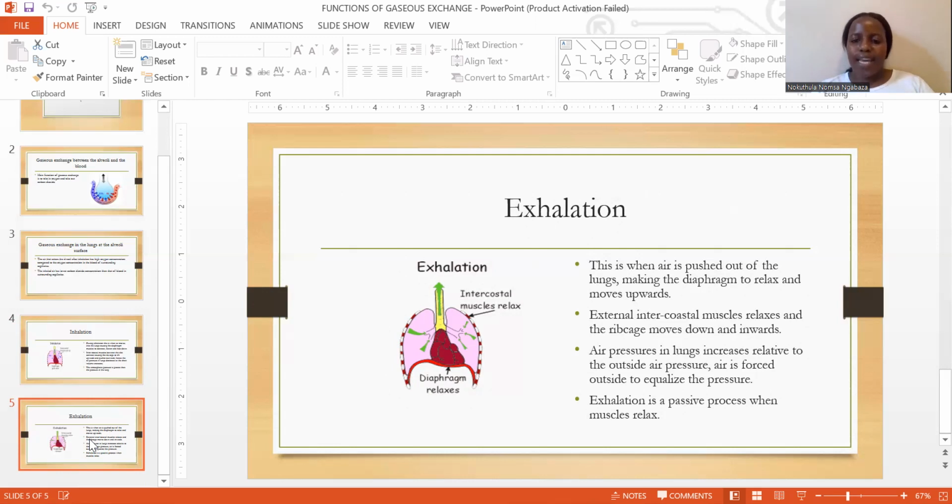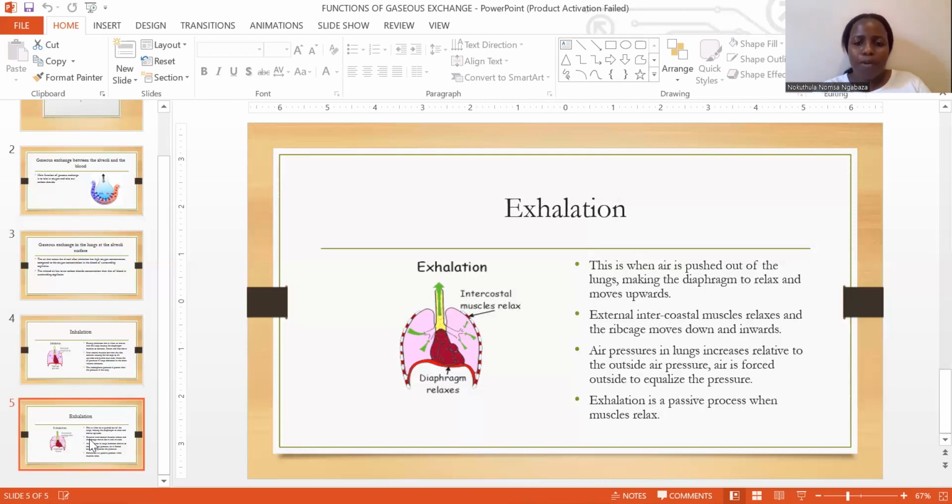So when you're exhaling, one thing you have to remember is that you are breathing out. What are you breathing out? It is carbon dioxide. So where do you find a lot of carbon dioxide? You're going to find it in the lungs. That's why the air pressure in the lungs is going to increase relative to the outside pressure.